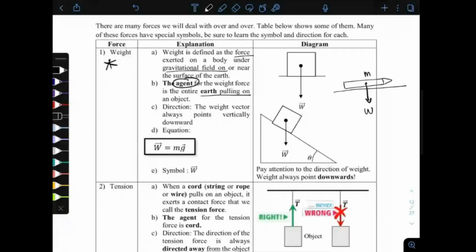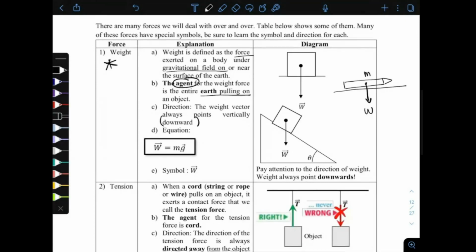So weight adalah satu force yang memang every object akan ada. So when you want to identify forces, weight is the first type of force yang kita akan identify. The direction of the weight force is always pointed vertically downwards. Dia sentiasa kena ke bawah. Okay, direction of weight is always downward.